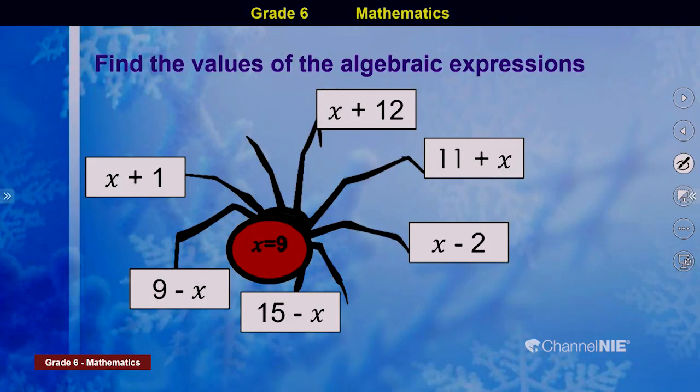I am starting from x plus 1. My algebraic expression here is x plus 1. Instead of x, I can write 9 plus 1. I replace 9 instead of x.